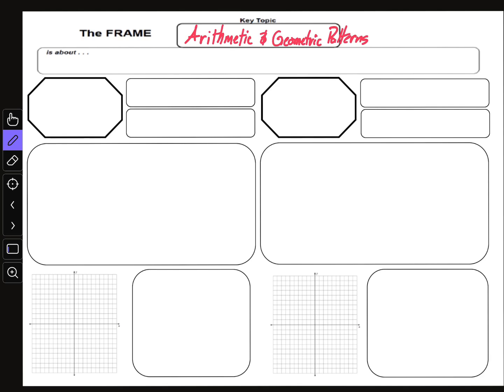Okay, we're taking a look at these arithmetic and these geometric patterns, okay? So, what is that about?